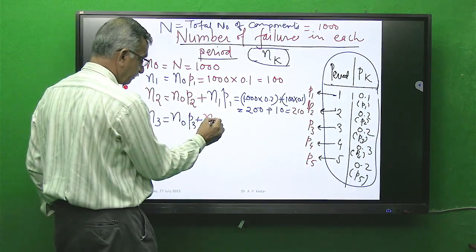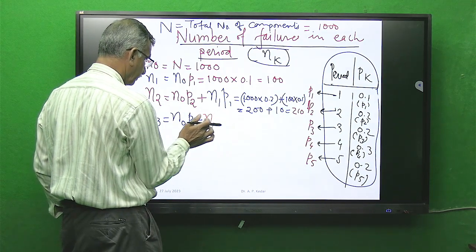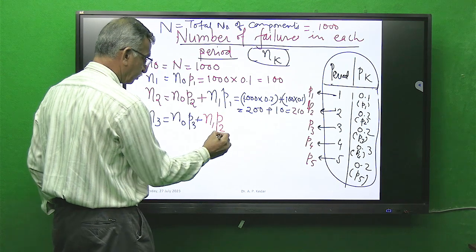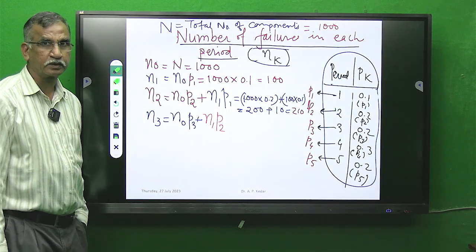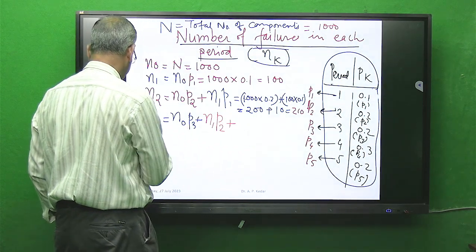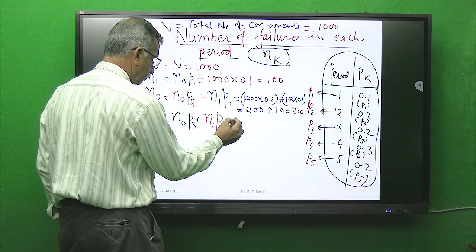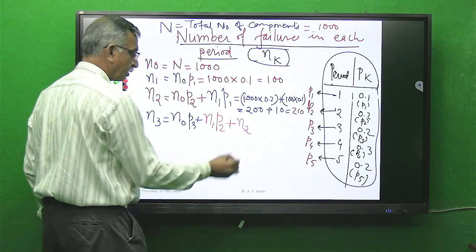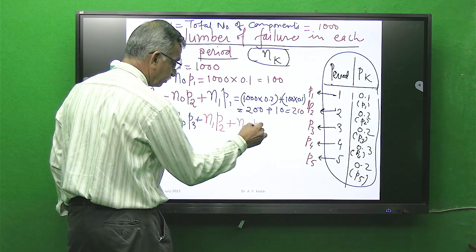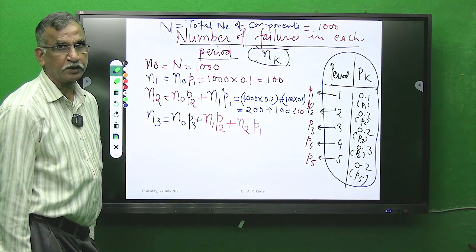For N1, the period will be second period, and the probability of failure in the second week, plus you have replaced in the previous period the N2 component. For them the probability of failure will be equal to P1. I think now you are getting it.